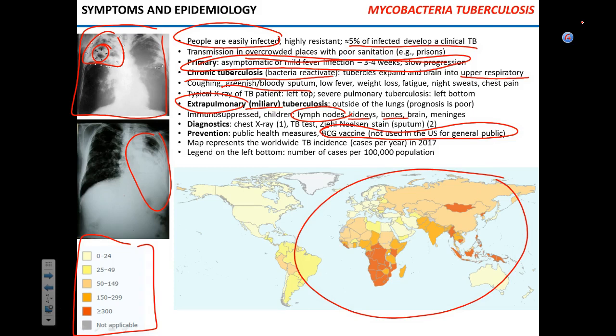For instance, look at the United States and Canada. 0 to 24 cases per 100,000 people. Now, here's the deal. If you have 1 case per 100,000, it will add up to, what, 3,000 TB cases a year in the United States. That's not a lot.